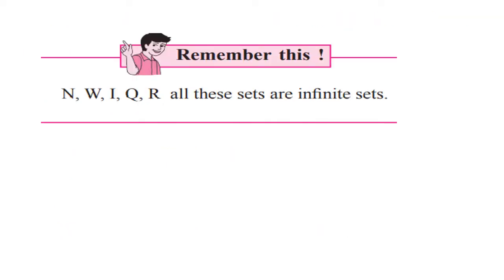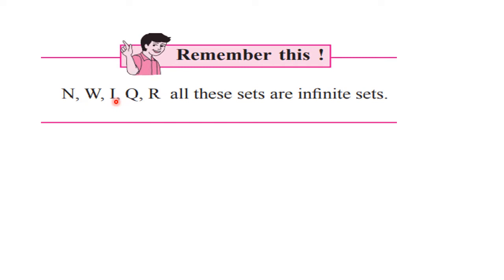What you have to remember here is that whatever sets or expansions of numbers we have seen, all of those sets are infinite sets. Natural numbers starting from 1, 1, 2, 3, 4 and so on, never ending, so an infinite set. Whole numbers starting from 0, 0, 1, 2, 3 and so on, again an infinite set. Integers are infinite from both sides.